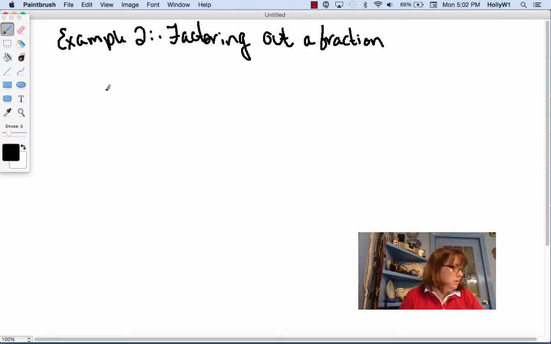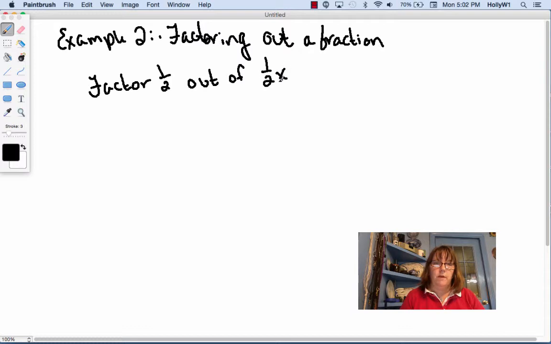So we're going to factor 1/2 out of 1/2 x plus 3/2. Before, we would take the factors of each of the terms and figure out what the greatest one was. Well, we already know what we want to factor out. So 1/2 x is equal to 1/2 times x, because 1/2 is the part we want to factor out.